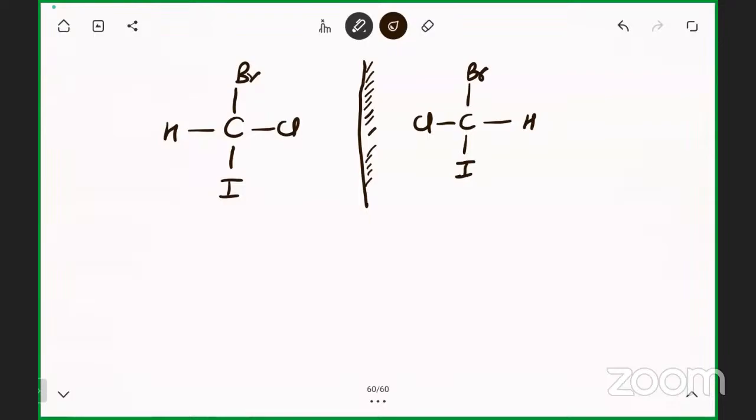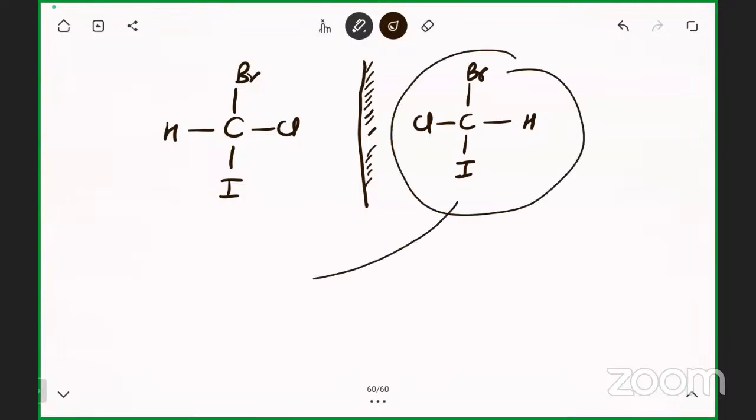If the two mirror images are present, will these two structures superimpose each other, meaning cover each other? If I take this structure and put it over this structure, will it cover? Not the side ones, sir.